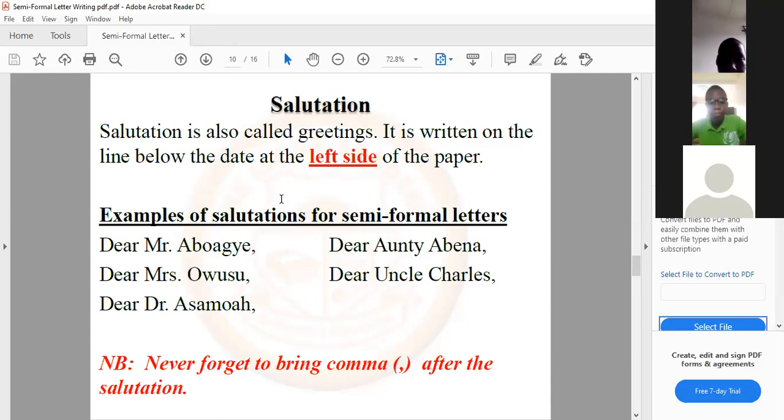Abuaje. When you are writing to a woman who is not married, okay, the person is old, but the person is not married. Do we use Mr. or Mrs. or what do we use? Let me know. Who helped me out?